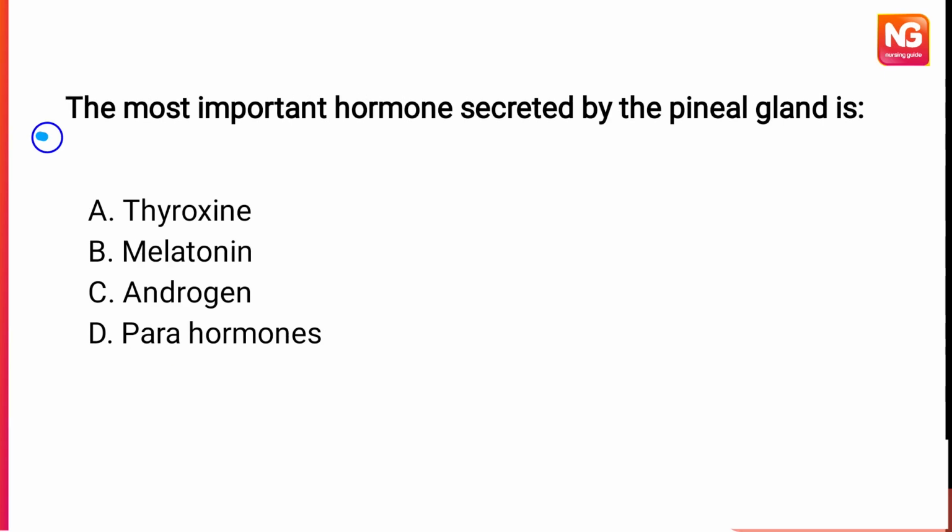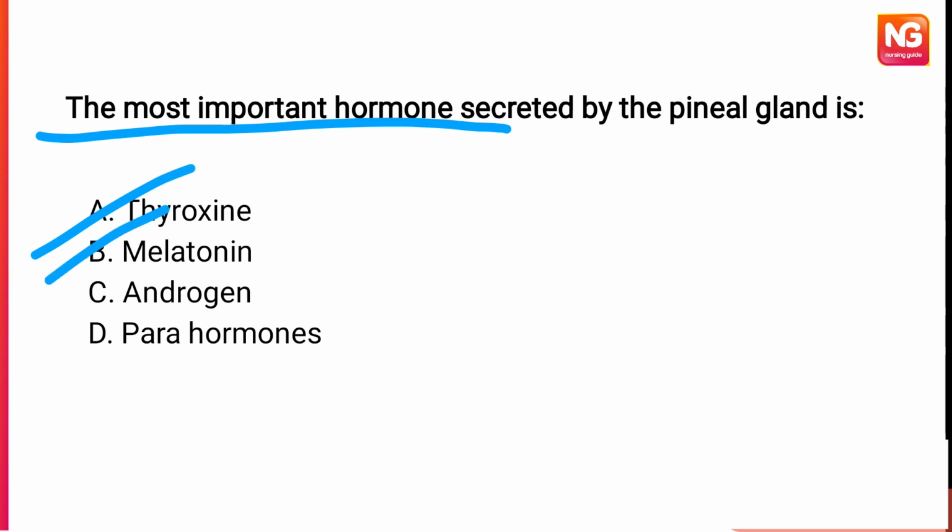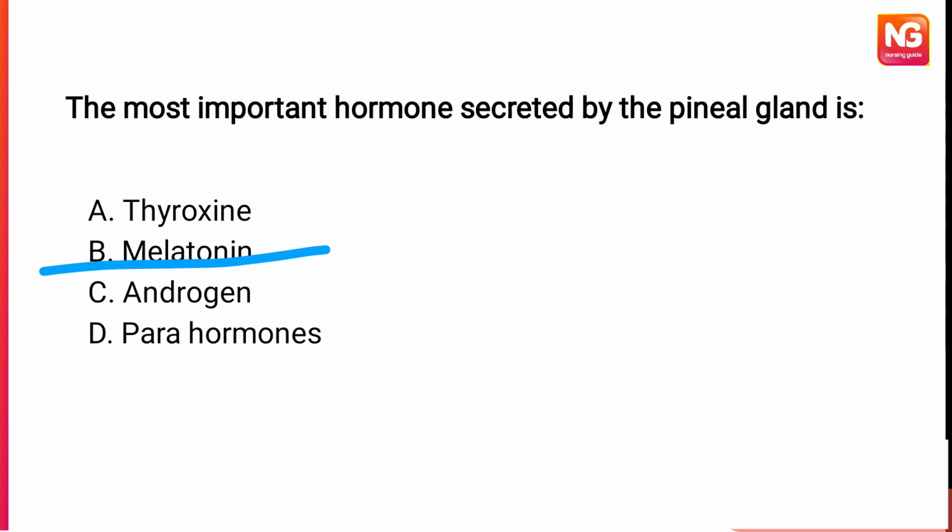Next, the most important hormone secreted by the pineal gland is option A, thyroxine, option B, melatonin, option C, androgen, and option D, parathormone. And the correct answer is option B, melatonin. The most important hormone secreted by the pineal gland is melatonin.